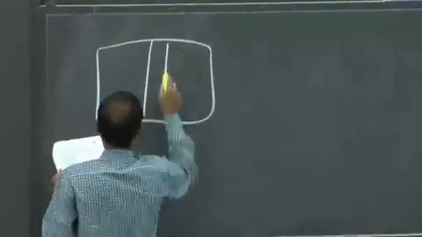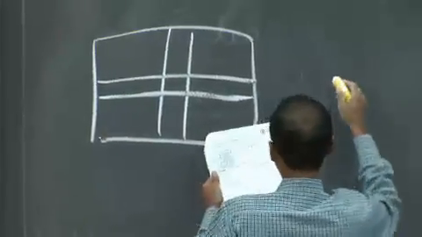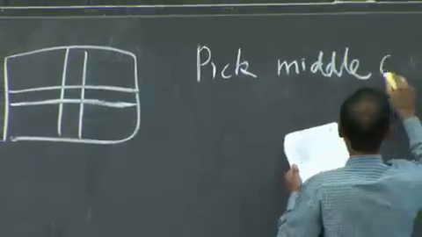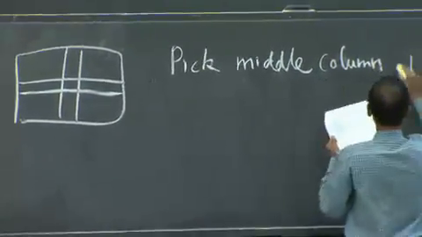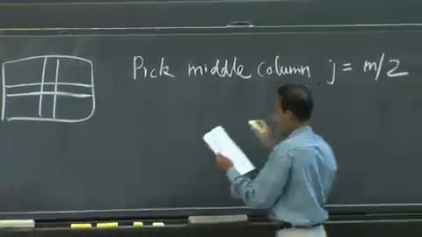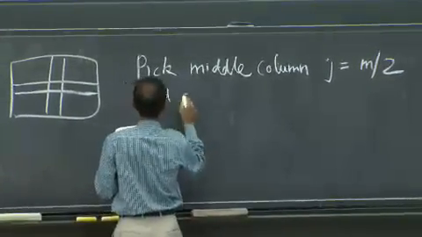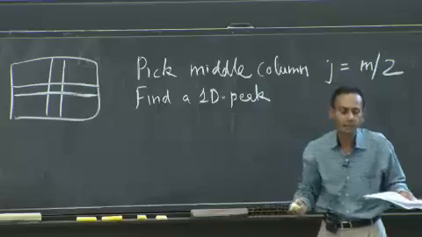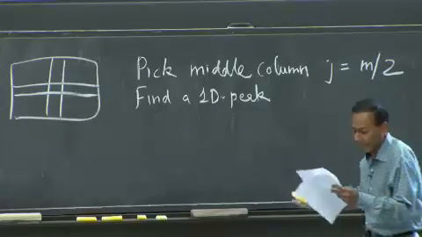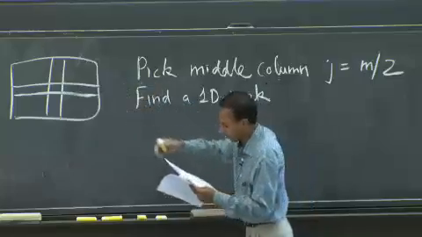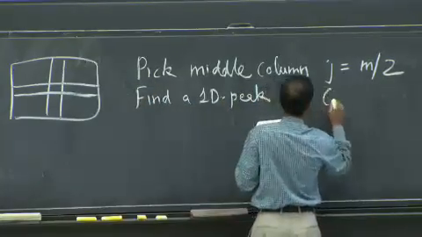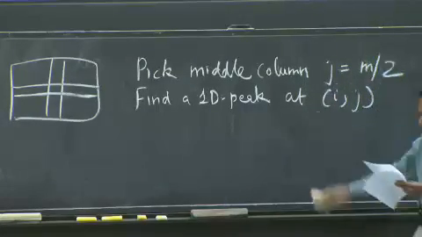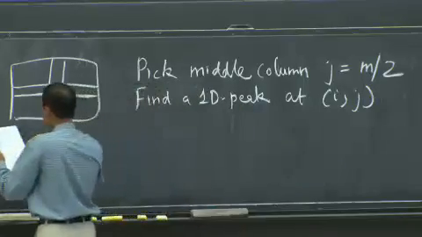So what I'm going to do is pick the middle column, j equals m over 2, and I'm going to find a 1D peak using whatever algorithm I want, and I'll probably end up using the more efficient algorithm, the binary search version. And let's say I find a peak at ij, because I've picked a column, and I'm just finding a 1D peak.